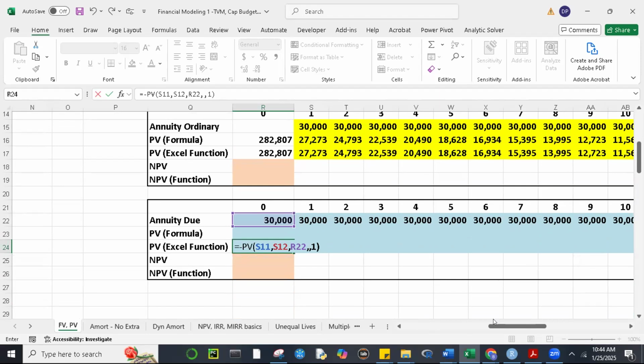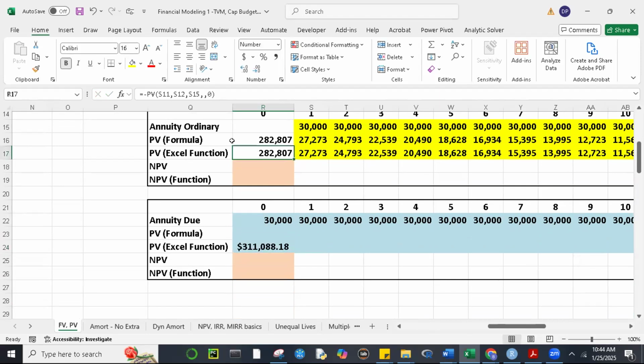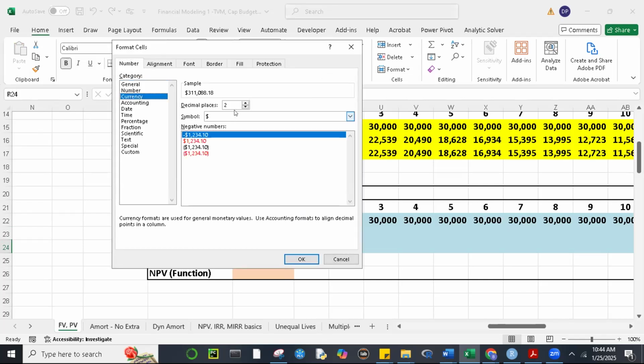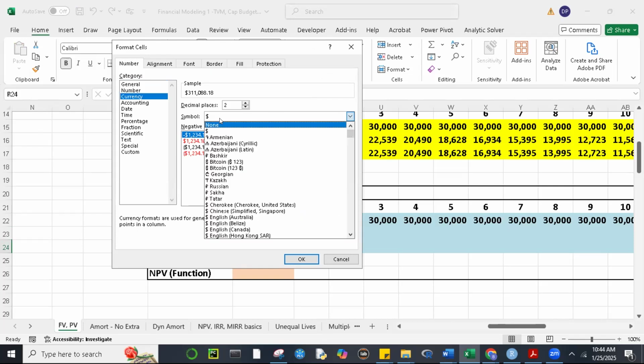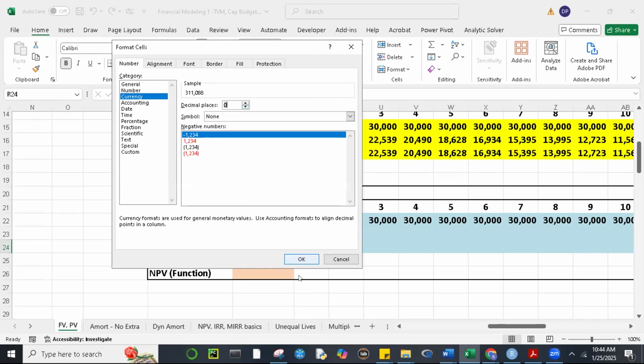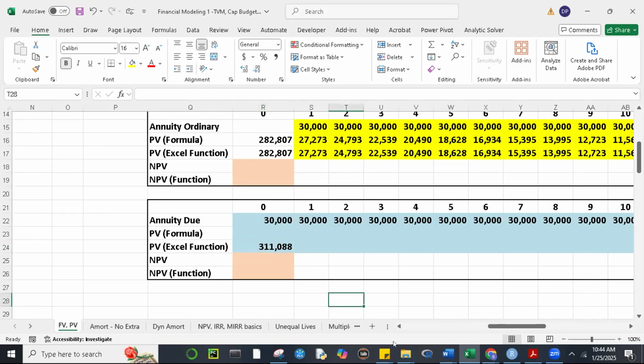So Control Enter. All right, let me copy this format. Okay, so the present value of an annuity due of 30,000 for 30 years is 311,088.